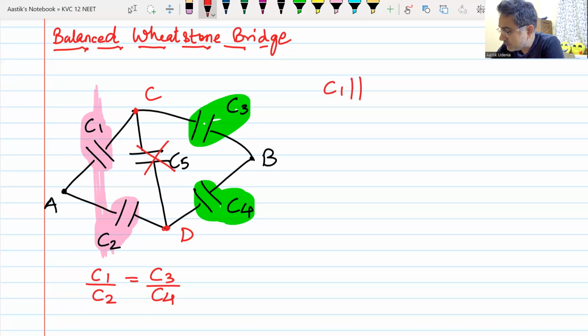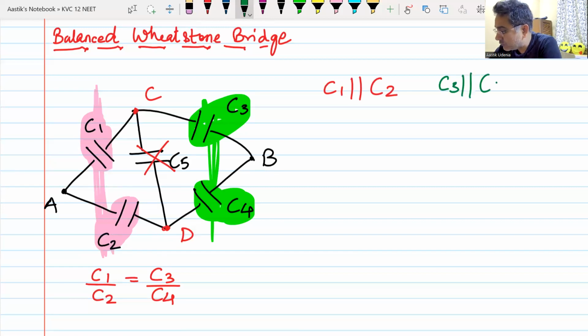So I can write, C1 is in parallel with C2, and C3 is in parallel with C4.